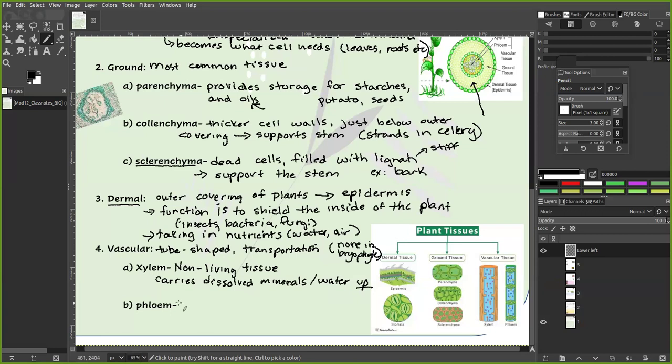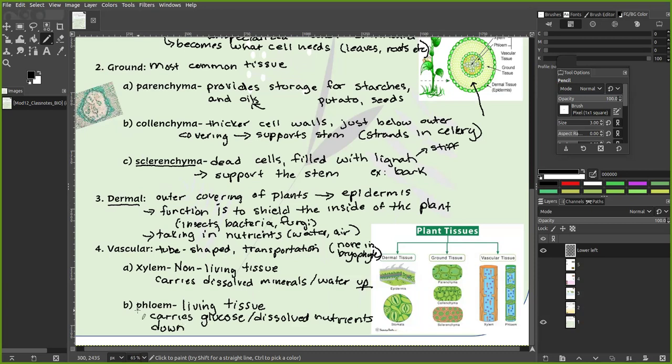The phloem is living tissue. Remember, it's vascular. It's also tube-shaped, but it's living tissue. And it carries the glucose, the sugars, food, and anything else that's needed. And they carry them down from where photosynthesis is happening.